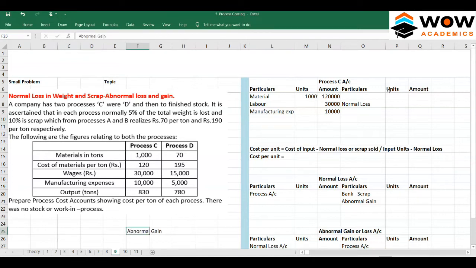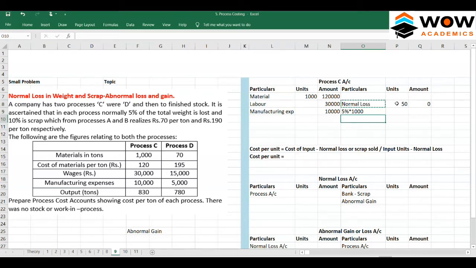And in terms of normal loss, there are many normal losses here. One is the loss in weight, which is 5% of the input, and this doesn't have any value. It's something like evaporation. Then we have normal loss that could be sold.